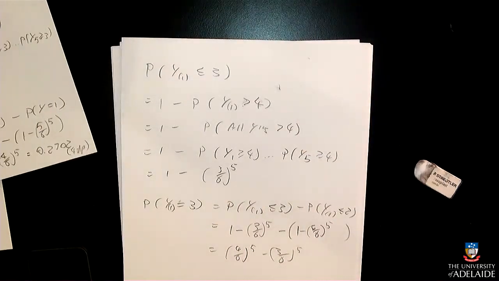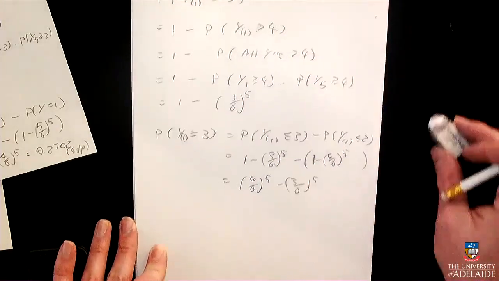And so I could continue to get a probability for each of them. It looks like the pattern's going to be this.